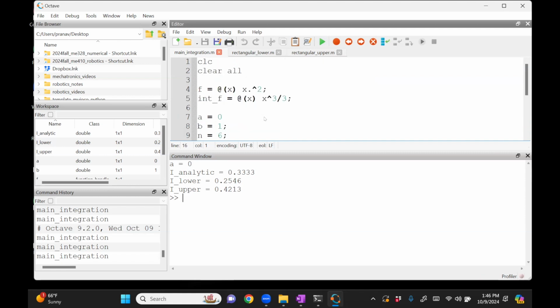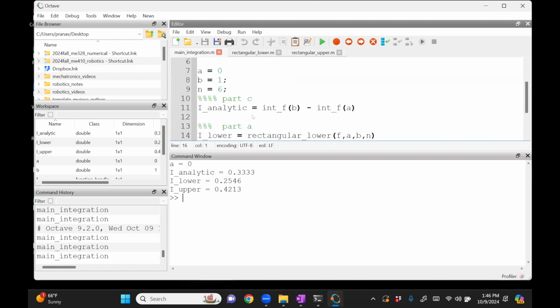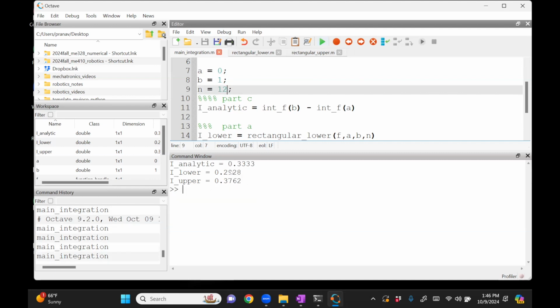Now, here's the thing about writing this code: we can actually see how this, if at all, improves. So let's just increase the grid points from 6 to, let's make it, I guess, 12. Okay, double it. So you see it's coming close to 0.33. Still, it's an upper and lower bound. Let's go 24. Kind of close, but still not there.